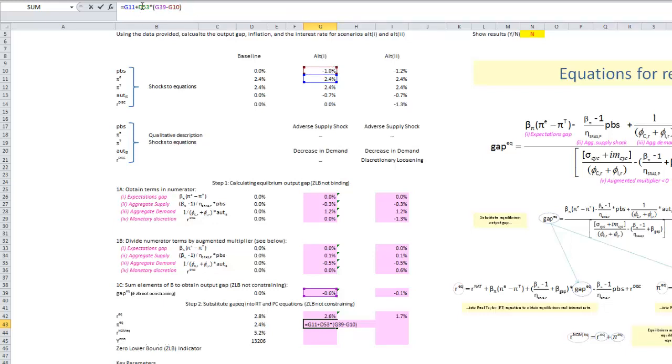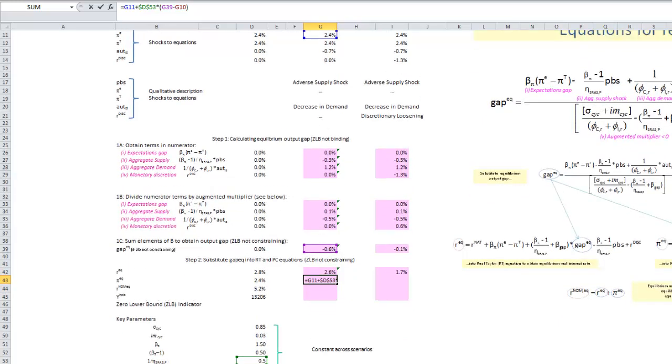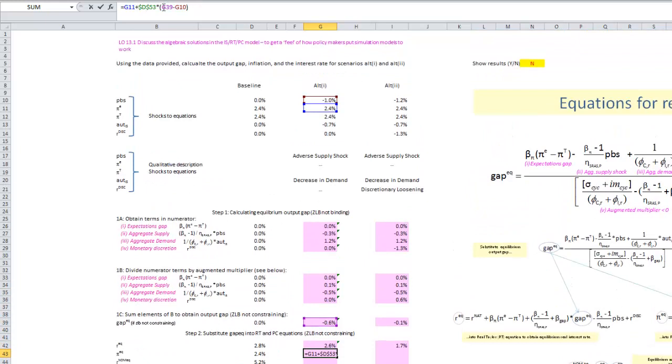So now, this is a very easy equation because we only have one parameter. So let's do that there. Now let's make sure that we've done this right. Expected inflation, our supply curve elasticity down here, and then we're going to add the gap and subtract off our supply shock.